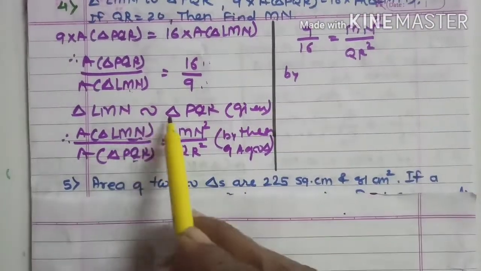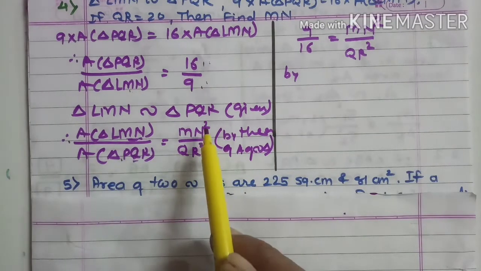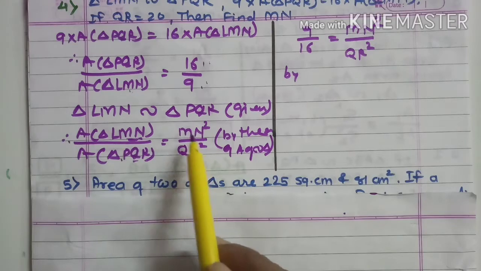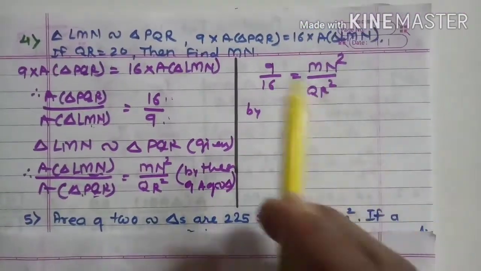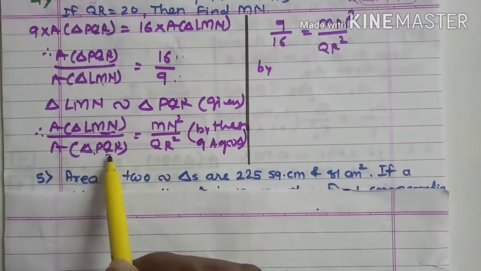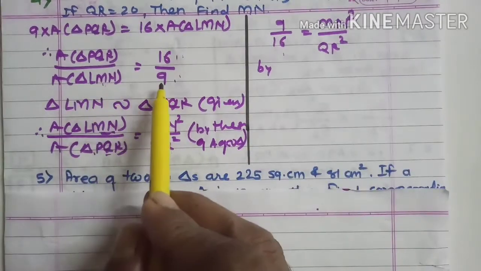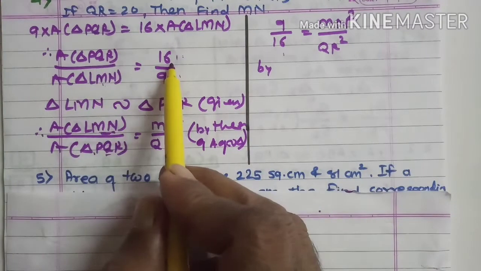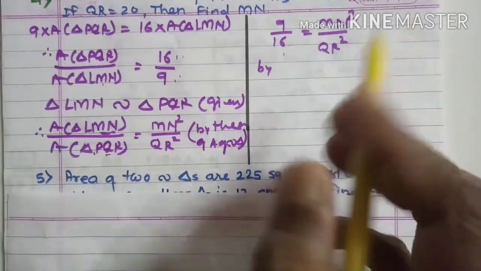Since triangles are similar, the ratio of area of two triangles is equal to the ratio of square of their corresponding sides. Therefore MN square upon QR square, and we have the value of ratio LMN upon PQR is 9 upon 16. Here for LMN the area is 9 and for PQR 16, so we reversed it. 9 upon 16 equals MN square upon QR square.